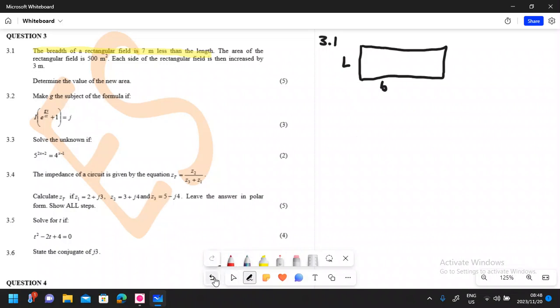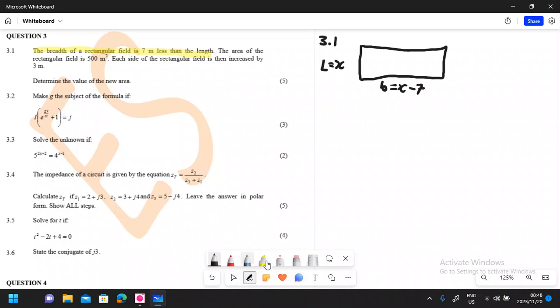Let's write it here. Let's say length is equal to x, because we don't know what the length is. And then let's go back there, and they say the breadth of the rectangular field is 7 meters less than the length. So if the length is x, the breadth is going to be 7 meters less.